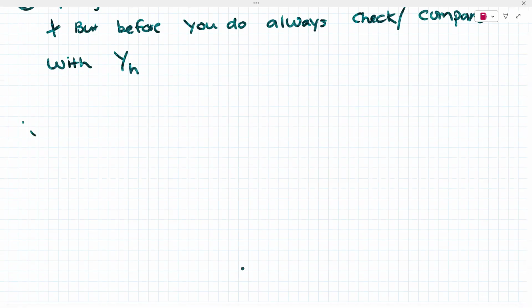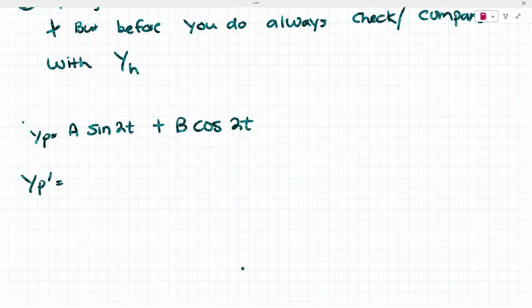So now we can find our yp, our yp prime, and our yp double prime. My yp is a sine 2t plus b cosine of 2t. My yp prime is 2a cosine of 2t minus 2b sine of 2t.